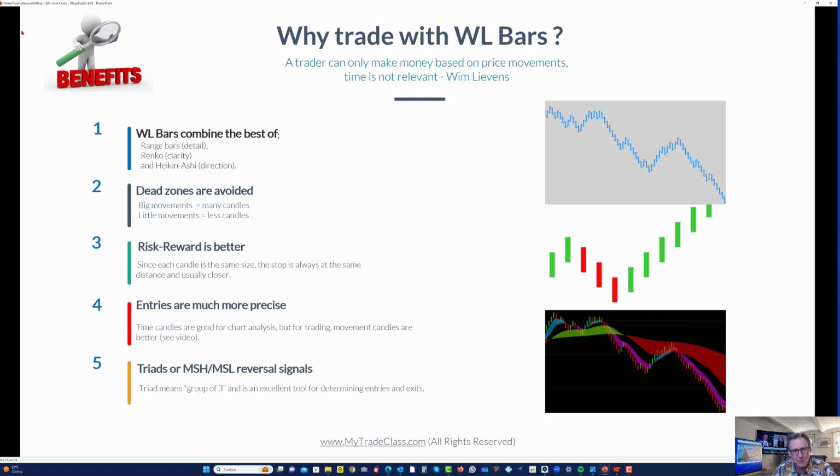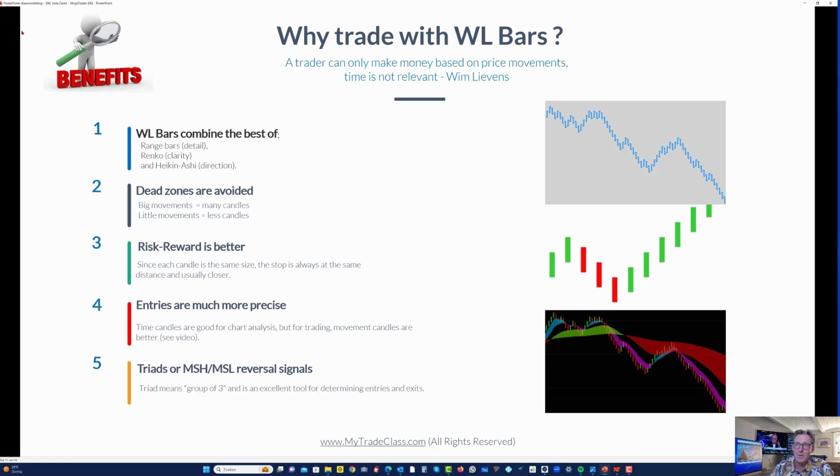And again, for those who are not familiar with movement bars, a movement bar is not set by time but by movement. That means if you have a candle of 5 minutes, you will have to wait 5 minutes, and that candle will build itself in 5 minutes.